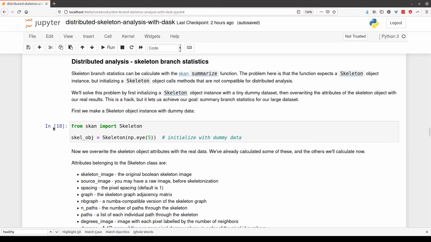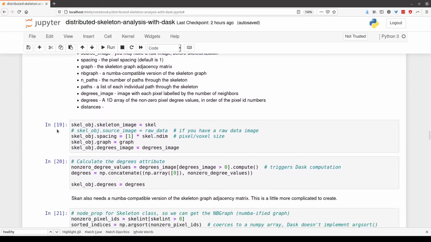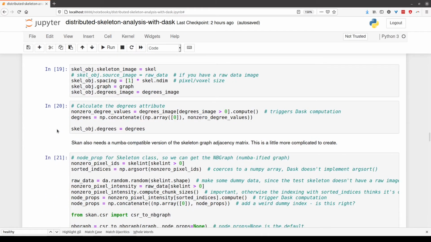Really what I was going to try and do here is to just initialize a skeleton object using some dummy data, something very small, and then there are a lot of attributes belonging to this already initialized object, and I'm just going to overwrite each of those with the attributes that I've calculated for the real data set. If we do that, that actually works quite well.